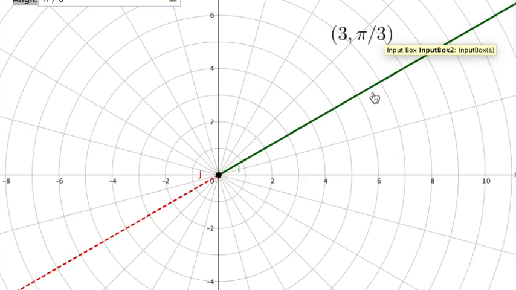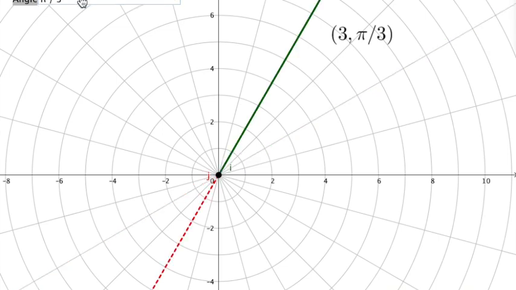So pi over 3 is 4 of these. So this is pi over 3 right here. So I'm going to type in here pi over 3, and it'll put my terminal side where it belongs. And the 3 here is the amount of radius that we have to attach to it. So we need to move out 1, 2, 3.